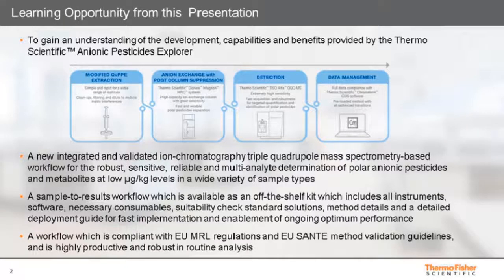An extraction module, as you can see on the slide, based on the European reference lab Quick Polar Pesticides extraction method with solid phase extraction cleanup, followed by a high performance ion chromatography separation, which is the second module, a triple quadrupole mass spectrometer detection module, and a Chromeleon chromatography data system module.